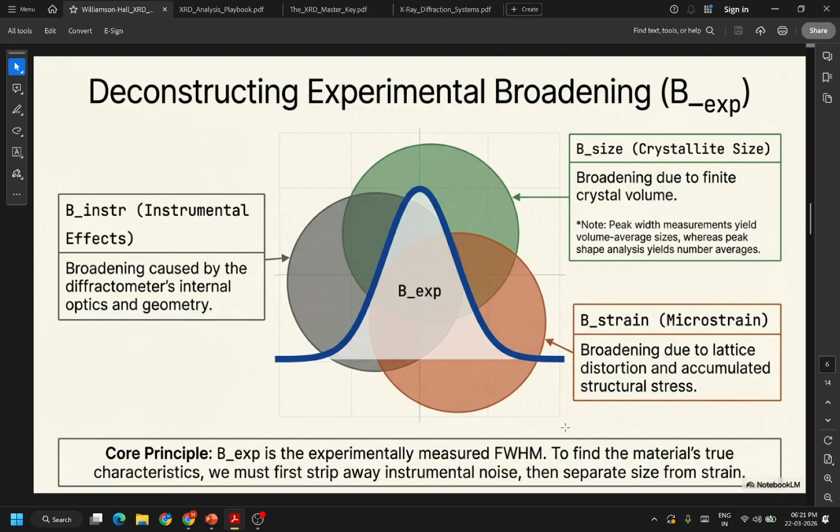So, deconstructing experimental broadening. This is the final broadened curve that you get, and it is mainly composed of three constituents. One is your B size, which is broadening coming from crystallite size, due to finite crystal volume.